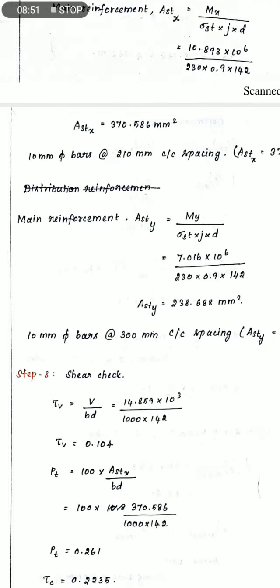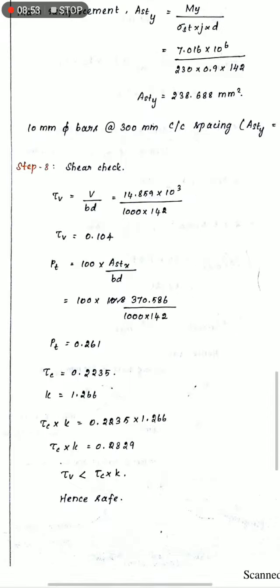Then check for shear. You have to find the nominal shear stress and the permissible stress and compare both values. In a slab, the permissible shear stress is multiplied by the modification factor, which depends upon the depth of the slab.